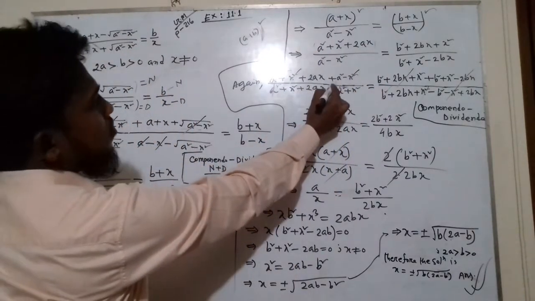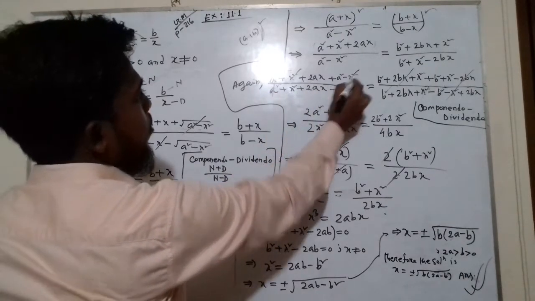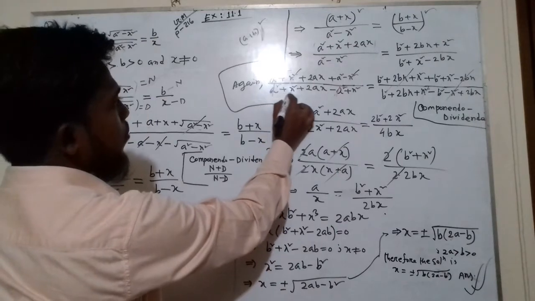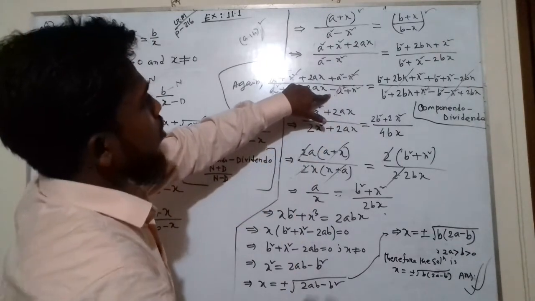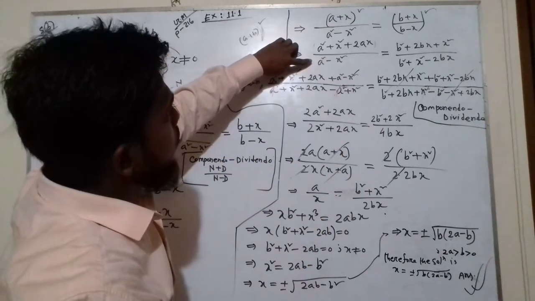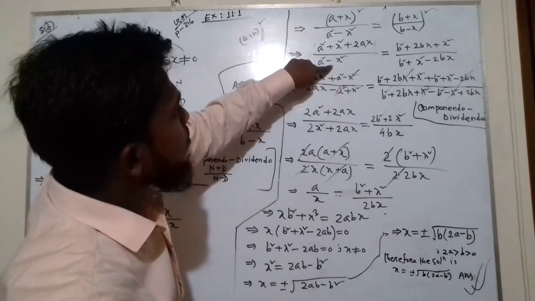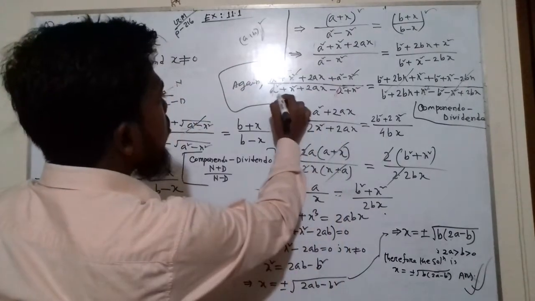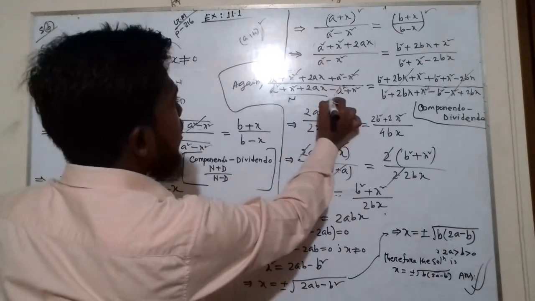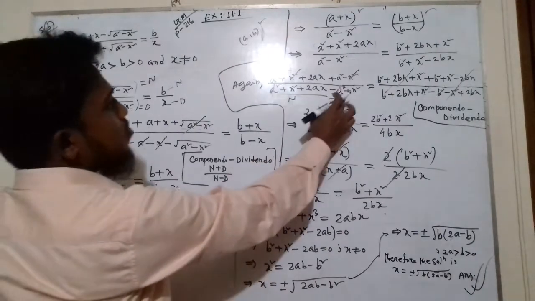So numerator plus denominator: a square plus x square plus 2ax plus a square minus x square, divided by a square plus x square plus 2ax minus of the denominator. If we multiply by minus, then plus and minus is minus, and minus and minus is plus. So numerator minus denominator part. Okay, I think you understood this line.